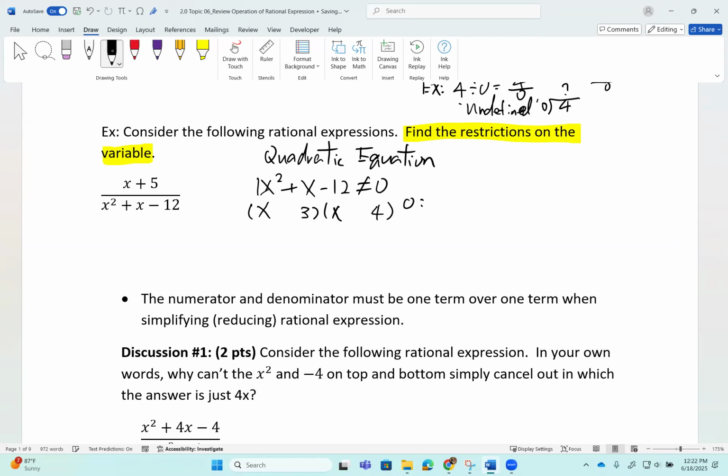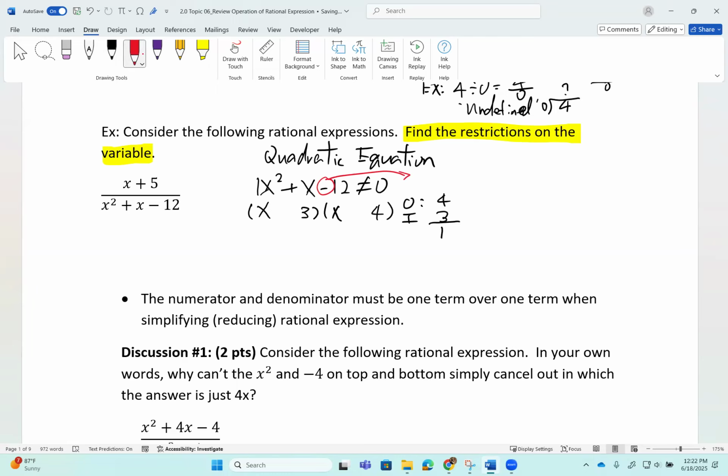So currently my outer, the two outside numbers multiplied together, 1 times 4 is 4. My inner, 3 times 1 is 3. 4 and 3 combined can give me a 1 if I subtract. So when the last sign of a trinomial is negative, the inner and outer have to be subtracted to get the middle term.